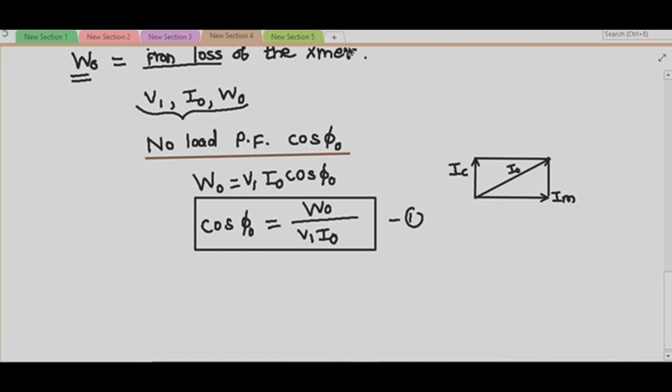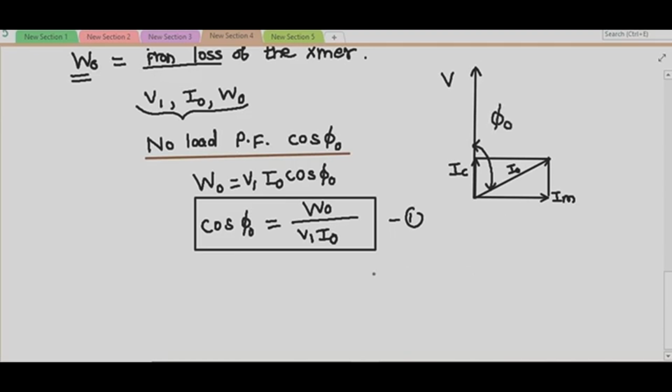And V will come along this axis. We have seen this. So the angle between V and I0 will be phi 0.